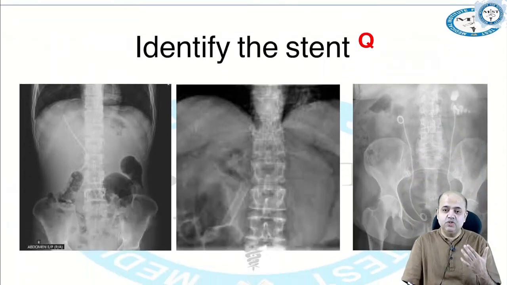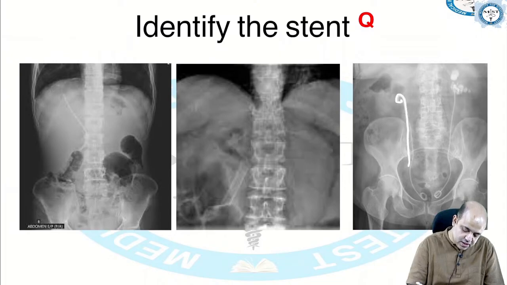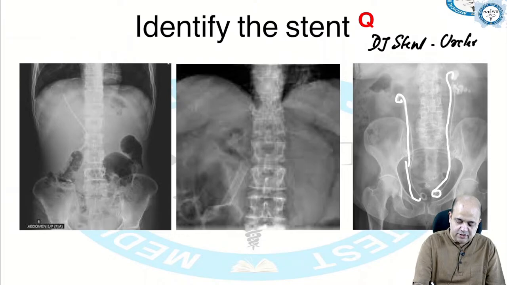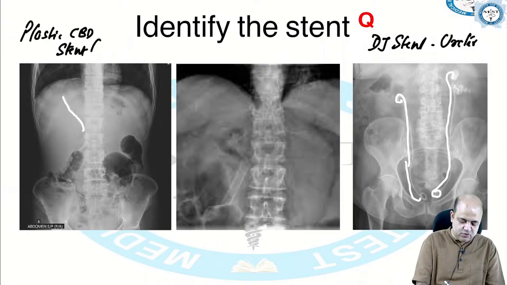Then the examiner is also fond of asking about the different types of the stent. So this is a double J stent, a DJ stent. It is used in the ureters. Here also we see a stent. This is a plastic CBD stent. Plastic stents are used for benign strictures.